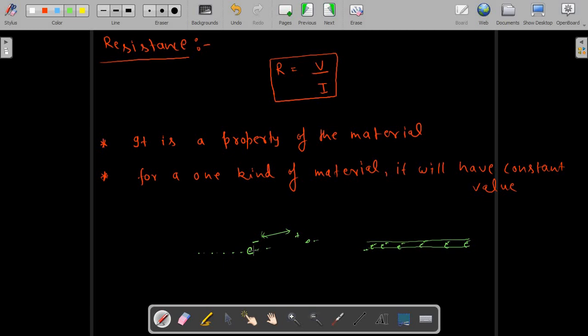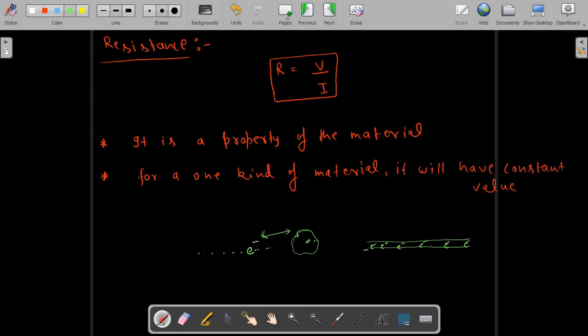The hindrance is of the type of Coulombic interaction. If there is any positive ion attracting the electron, it creates a hindrance in the motion of the electron. That kind of hindrance is called ionic hindrance, and due to that we get the resistance value.